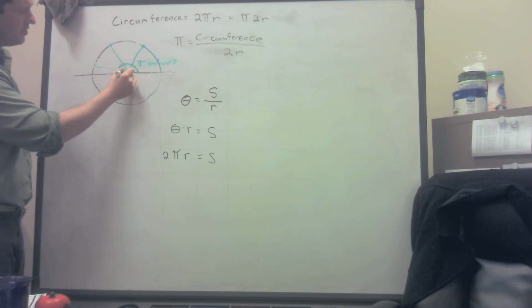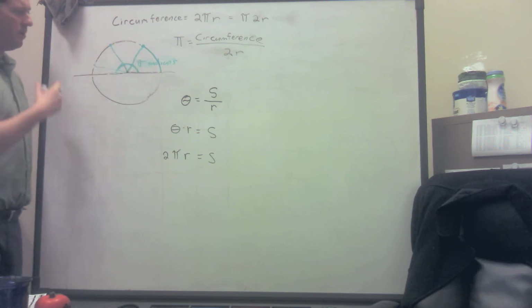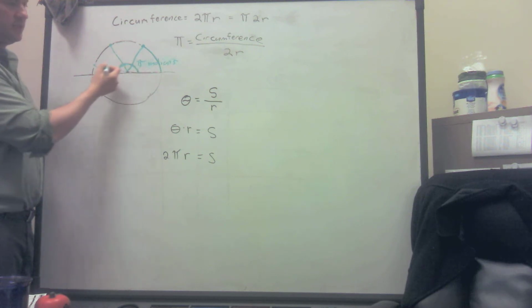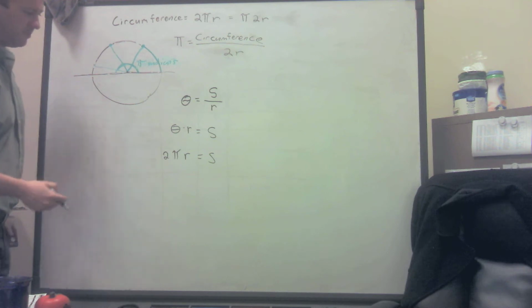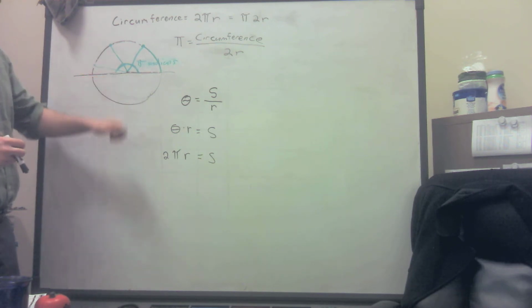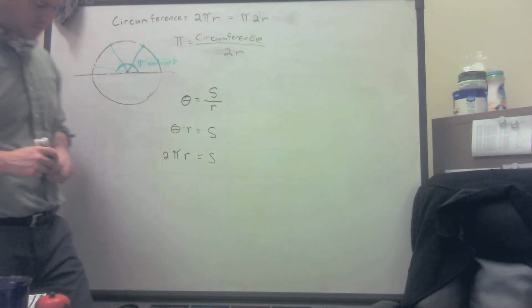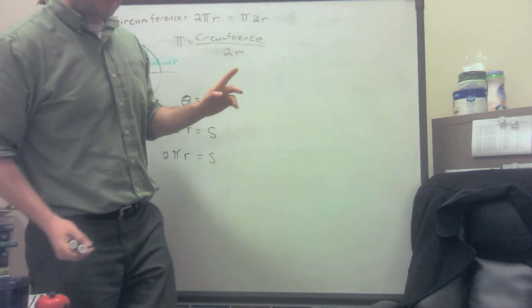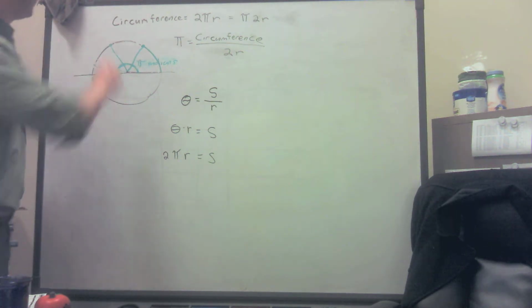And if we keep on going around our circle, tracing out lengths that are equal to 1 radian, we end up with just over 6 radians. We actually get 2 times pi radians. Okay, I'm getting ahead of myself here.